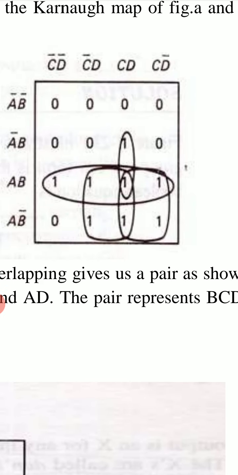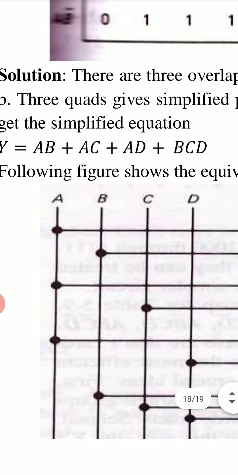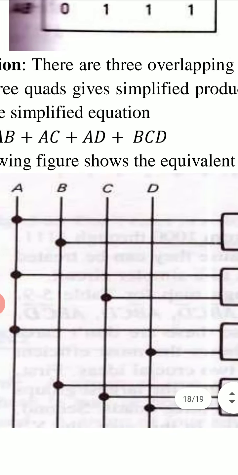For left hand side quad of remaining two quads, we write y equal to AD. For right side quad, we write y equal to AC. And for the pair, we write y equal to BCD. So output y will be equal to AB plus AC plus AD plus BCD.